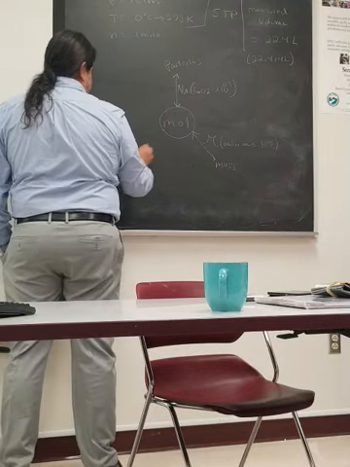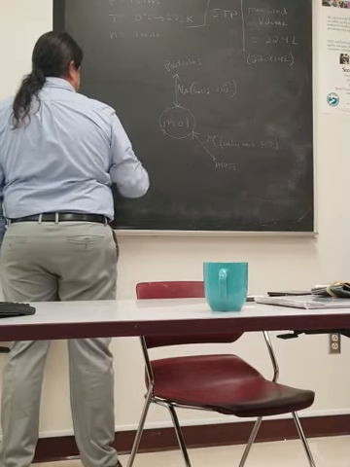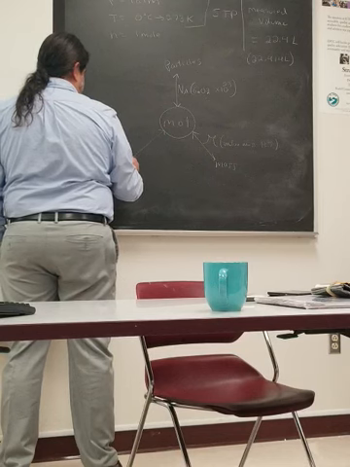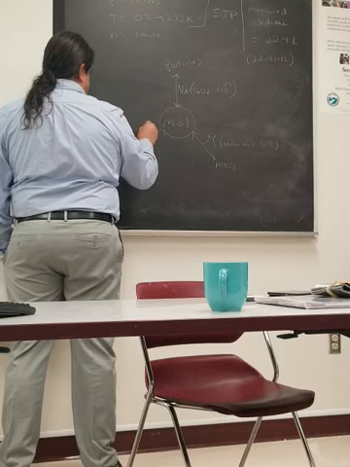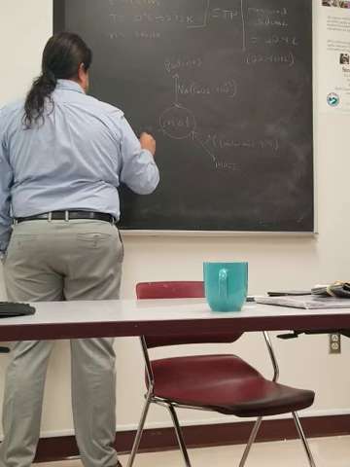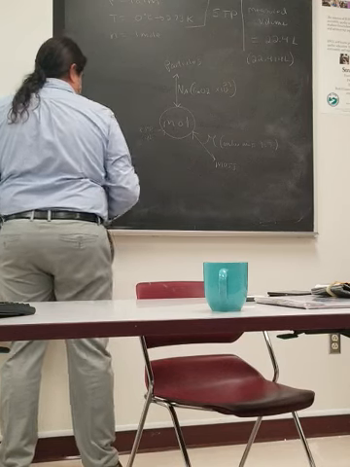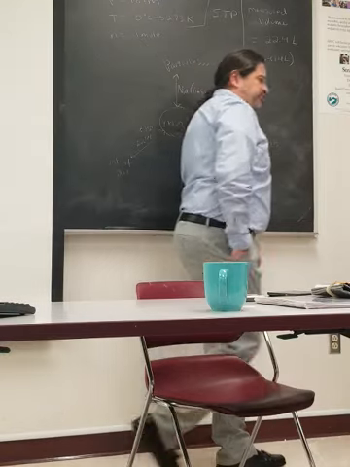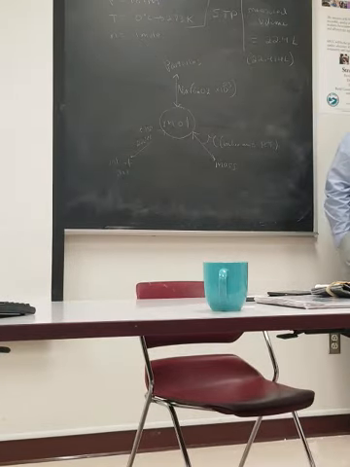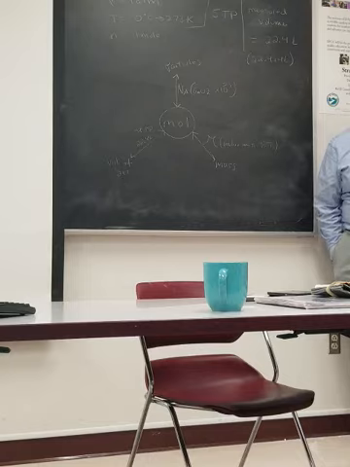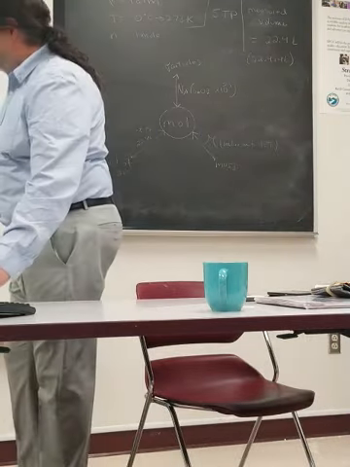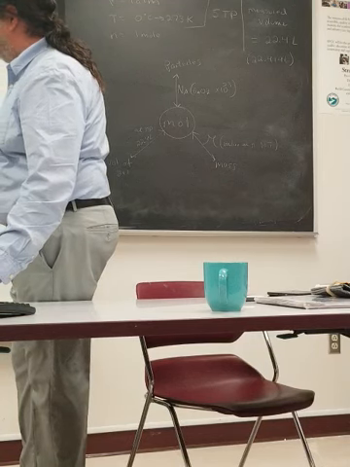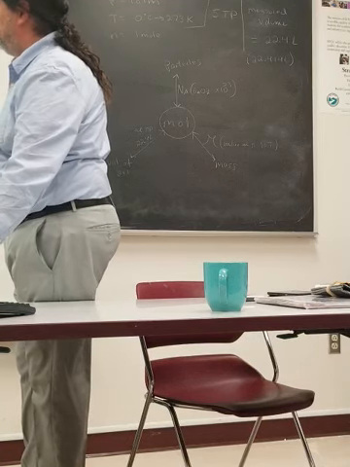Well, now you go from moles to volume of a gas at STP, then 1 mole equals 22.4 liters. So from moles to volume for gases, we would multiply times 22.4. From volume to moles, we would divide by 22.4.